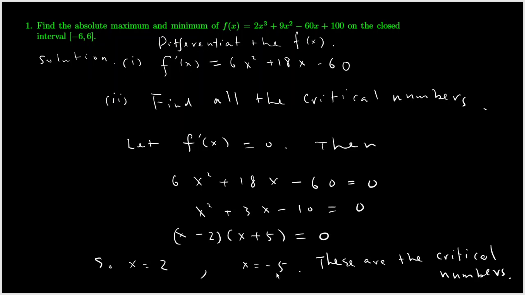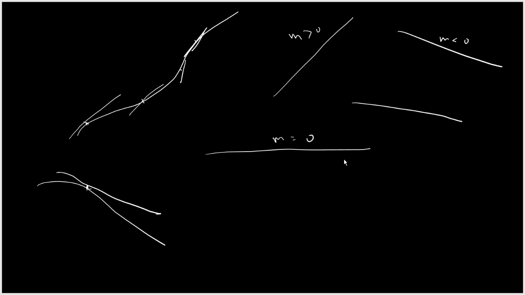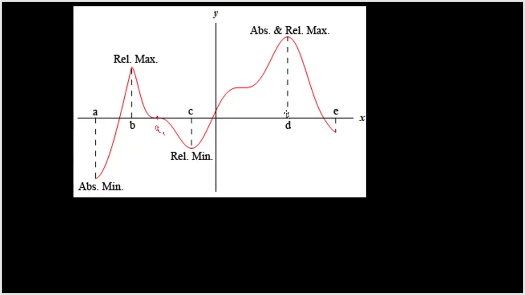Anybody want to tell me two other possible locations? Actually, at this point, we have only 4 possible locations. The critical numbers, 2 and negative 5. And what are two other possible locations? If you look at the general graph I drew at the beginning of the class, what are the two other possible locations?